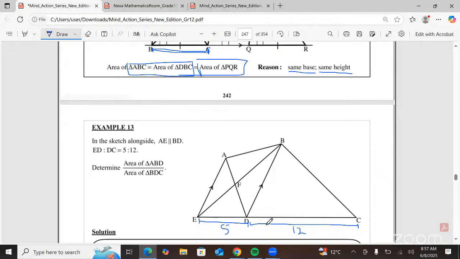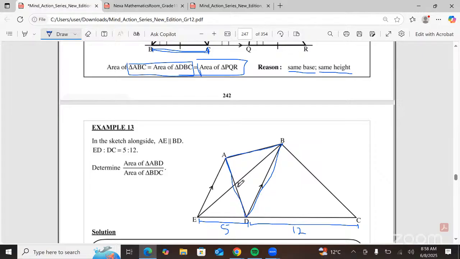That's the only information that we are given. Now we are required to find the area of triangle ABD. ABD is this one here.